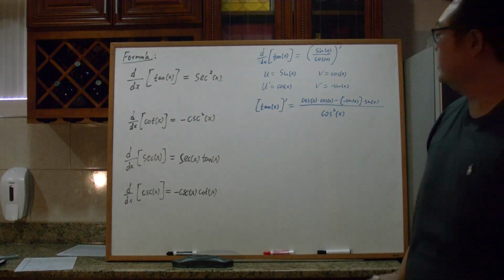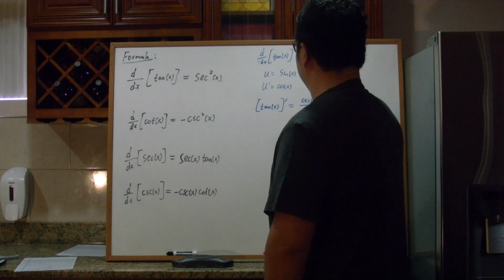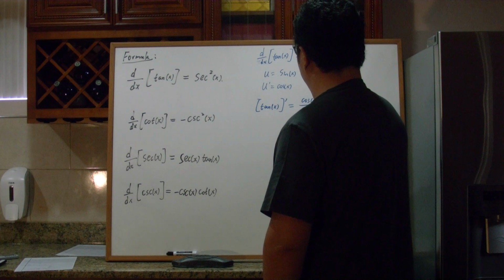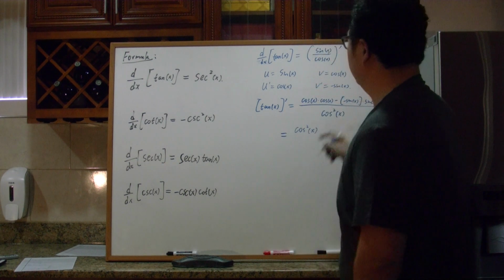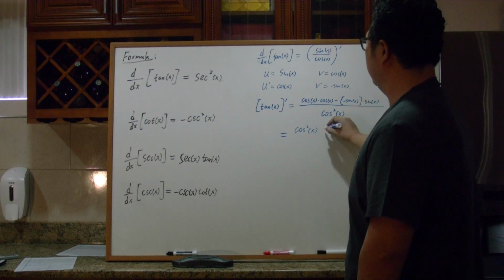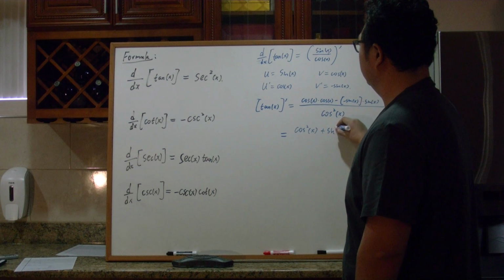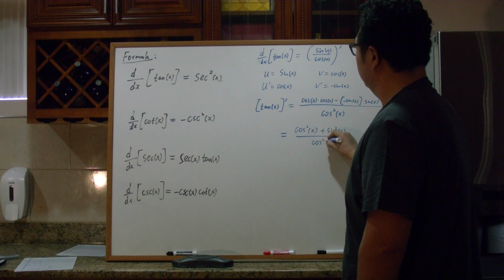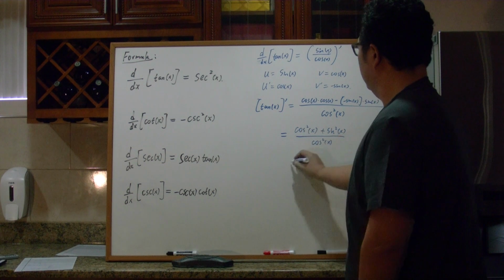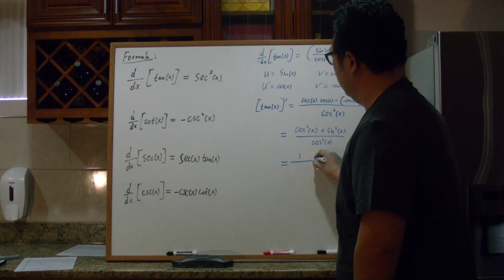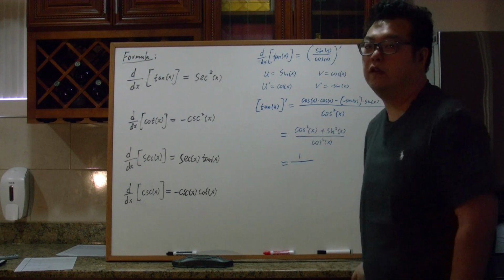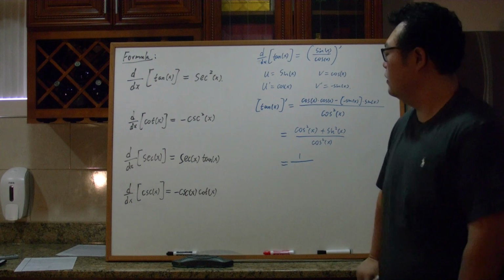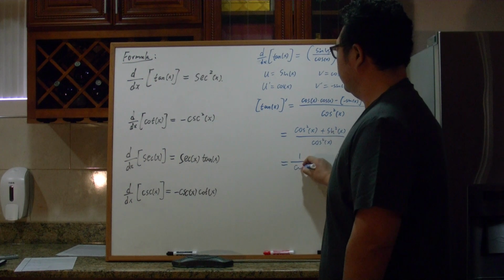Right, cosine squared. What we will get is cosine squared of x, negative minus sine of x times sine of x, that's plus sine squared of x. Cosine squared plus sine squared of the same angle is 1, so 1 over cosine squared of x.